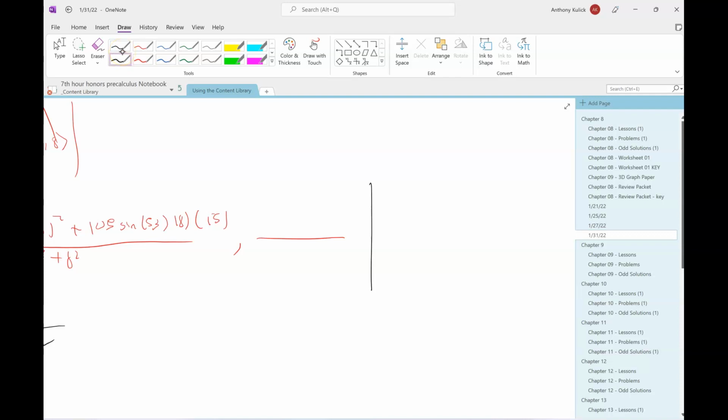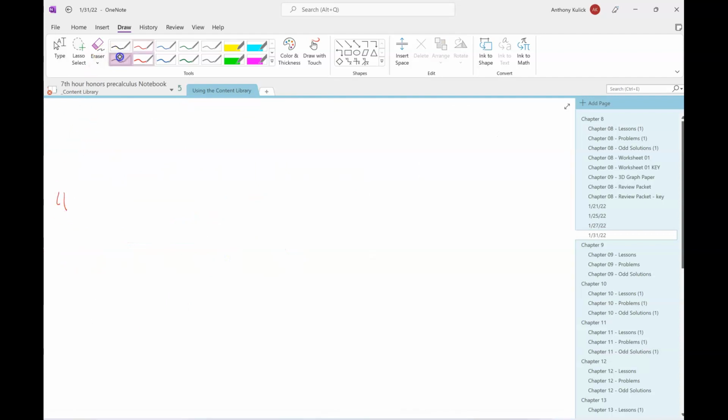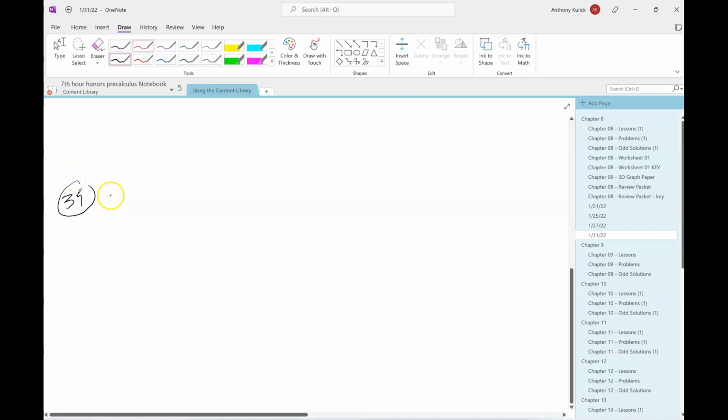Jake: So, HTPC number? 39. Number 39 asks to show that two vectors are orthogonal. Orthogonal just means that they intersect at a right angle, or the angle between them is 90 degrees.